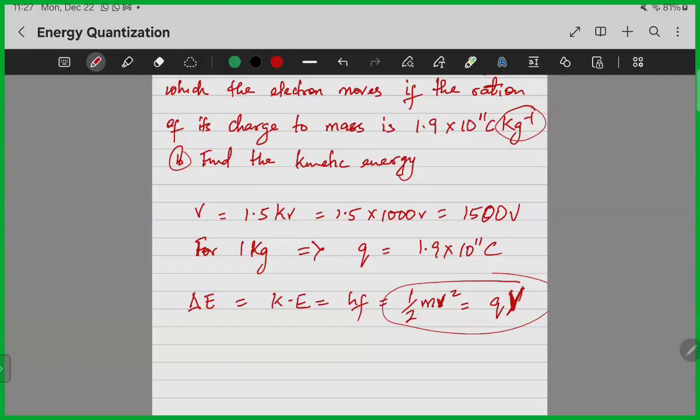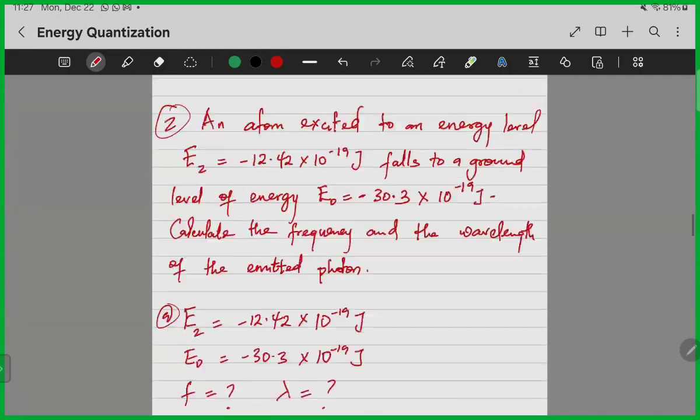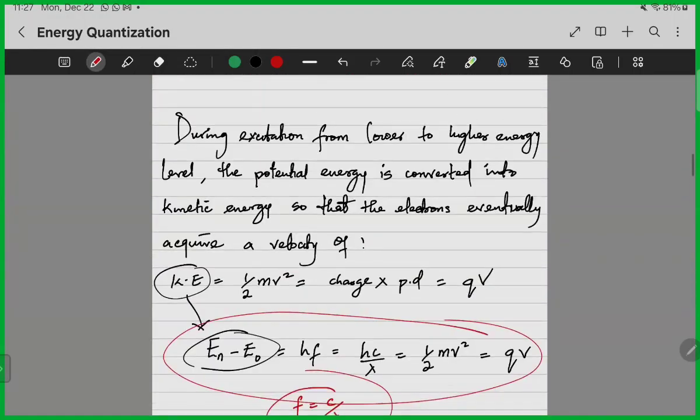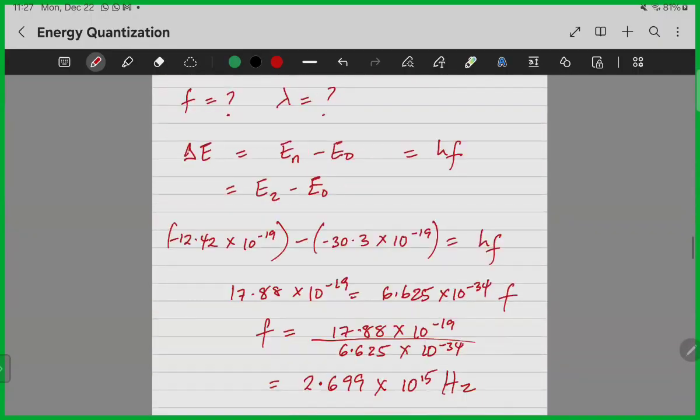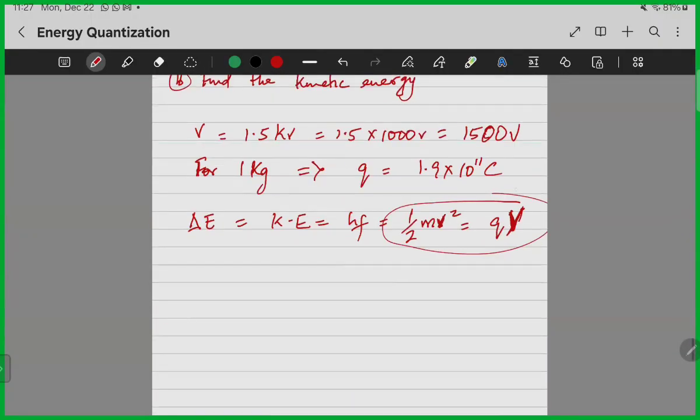We established the electron volt. That's why we said charge times PD. This V here is PD, and this one is velocity. So having established that, let's now solve the problem.